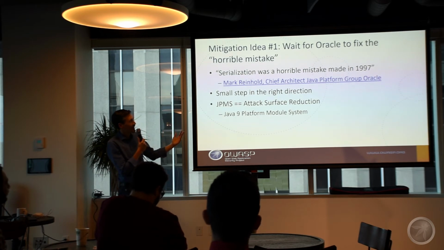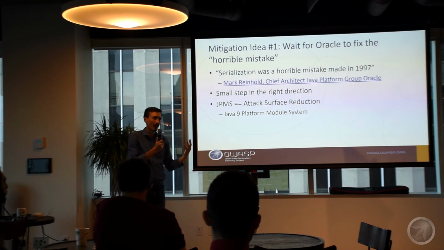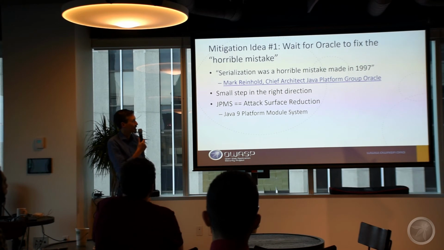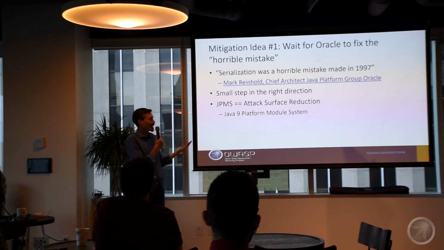Like I mentioned at the beginning, apparently according to this leak, Mark Reinhold, the chief architect, said that they made a horrible mistake and they're going to deprecate it, and only people who explicitly re-enable it will be able to use that feature in Java. Of course, everybody made fun of them. But personally, I think it's still a small step in the right direction.